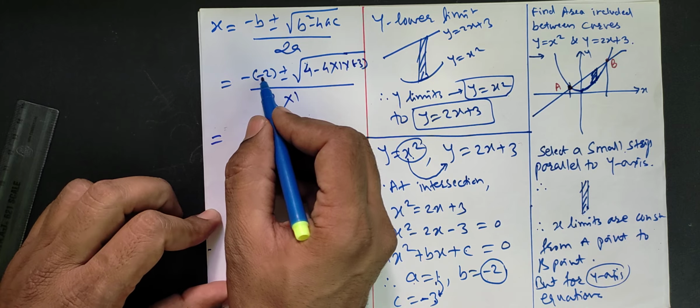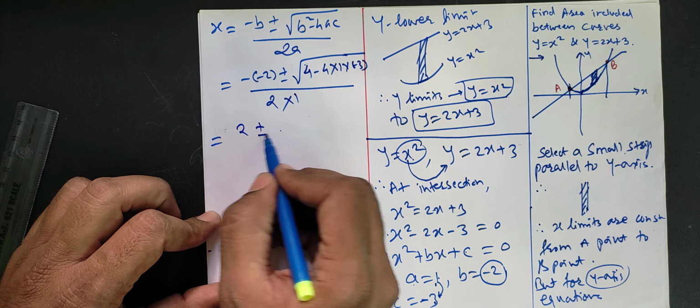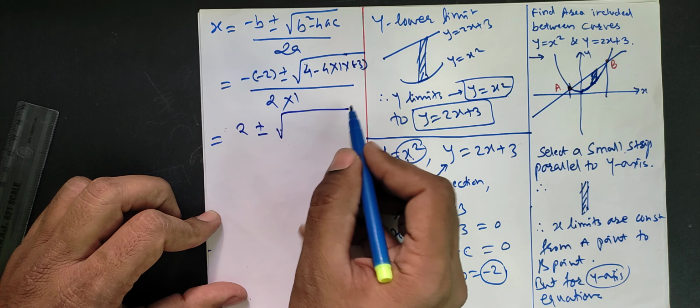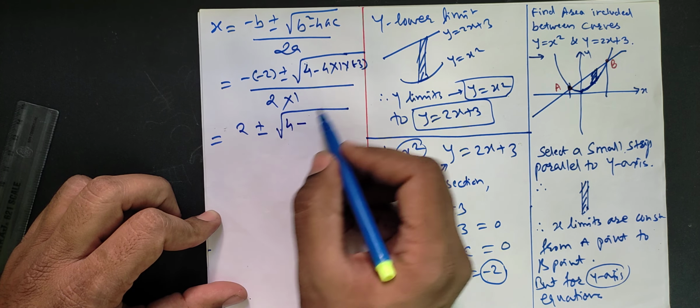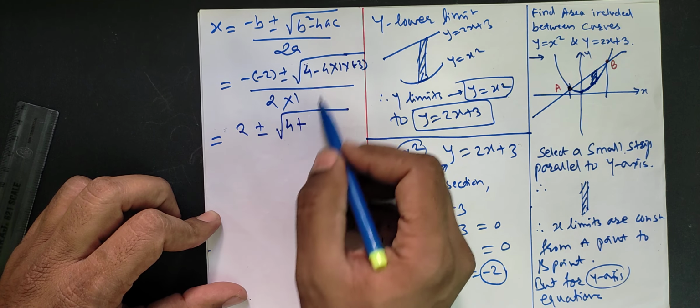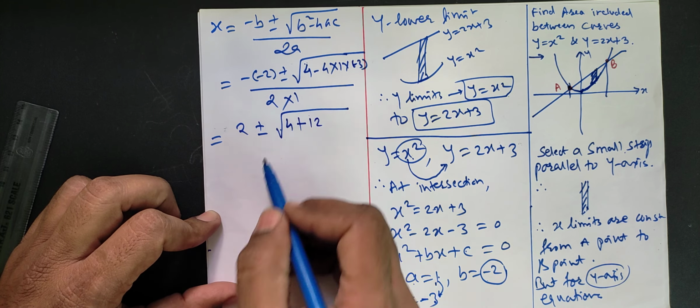This minus into minus gives me plus 2, plus or minus under root of 4, then minus into minus is plus, which gives me 12.